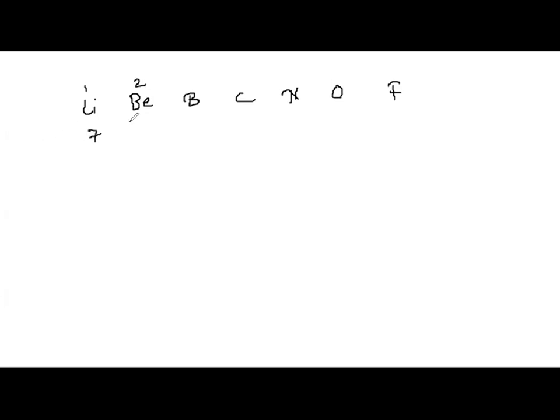You can see 7, 9, 11, 12, 14, 16. Fluorine is 19. So this is the third element, fourth, fifth, sixth, seventh. Now when he was supposed to write the eighth element with atomic mass 23, that is sodium, he found that sodium had similar properties to lithium.